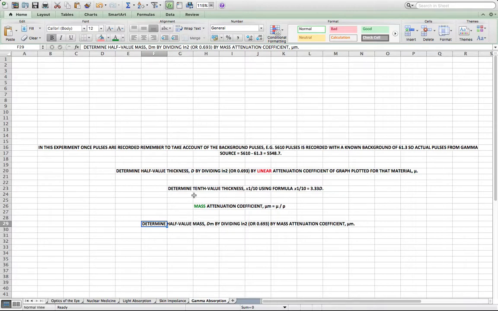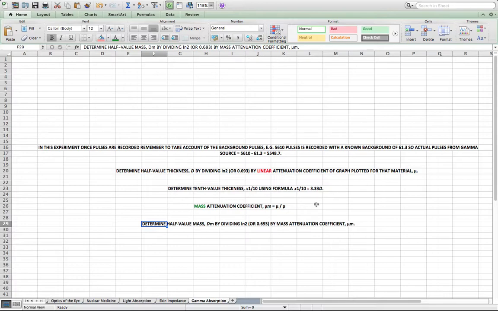So this means you must be provided with the density of the material, or if they give you the linear attenuation coefficient and the mass attenuation coefficient, then they may ask you to work backwards to work out the density of the material and then possibly identify the material.